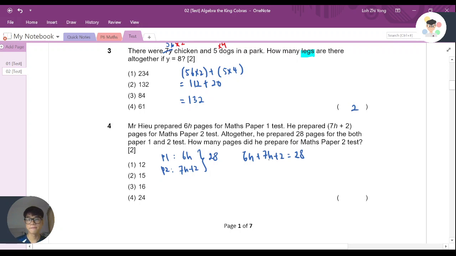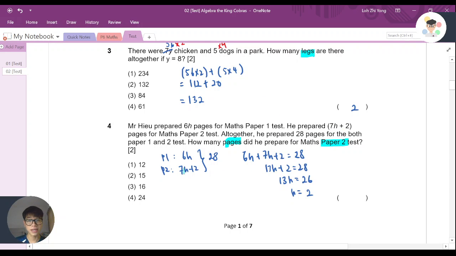Now we can actually solve it, right? 6H plus 7H is 13H plus 2 is equal to 28. So 13H is equal to 28 minus 2, which will be 26. So H basically is equal to 2. Now the question asks, how many pages did he prepare for paper 2 test?